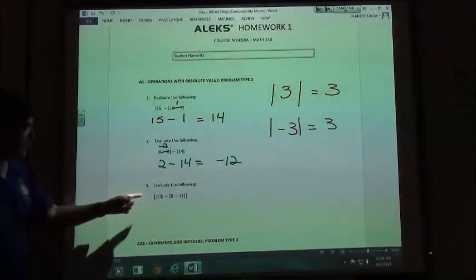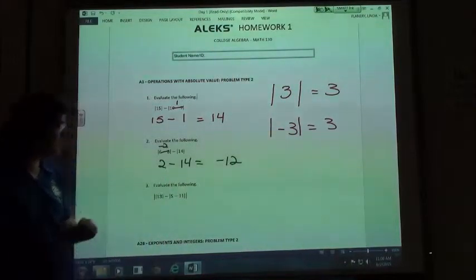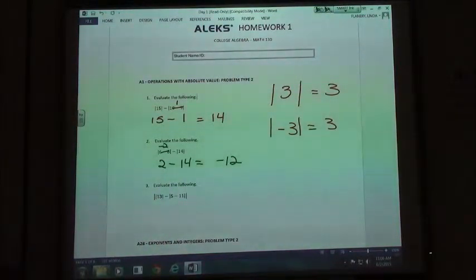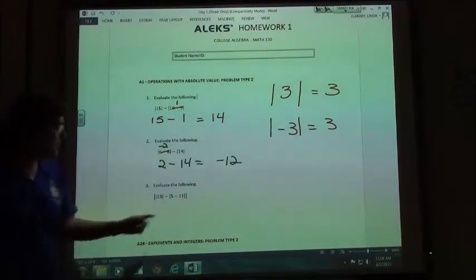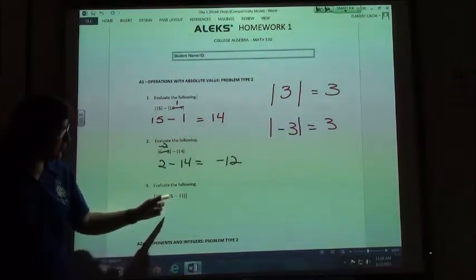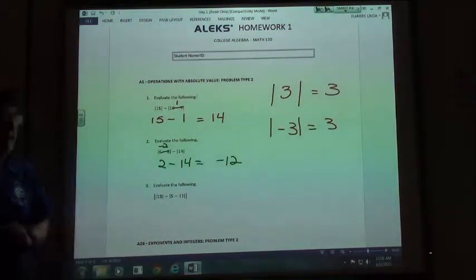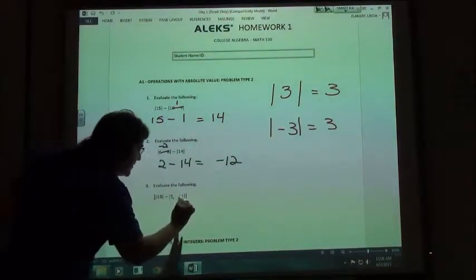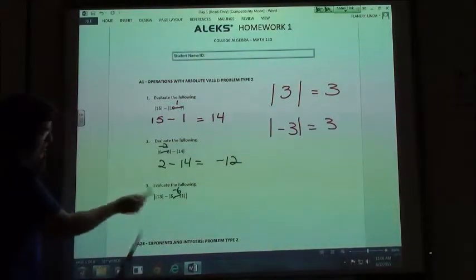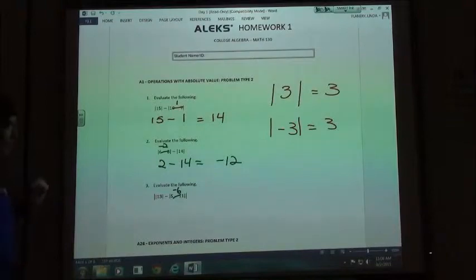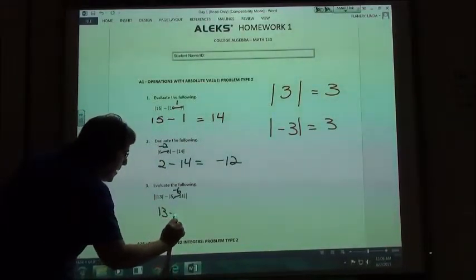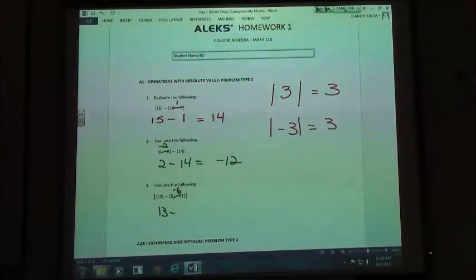So you'll notice on the third one we have the extra set of absolute values. We know that final answer is going to be positive, but we still have to do the problem. So I'm going to do inside this one first. 5 minus 11 would be -6. The absolute value of 13 is 13 minus the absolute value of -6 is?